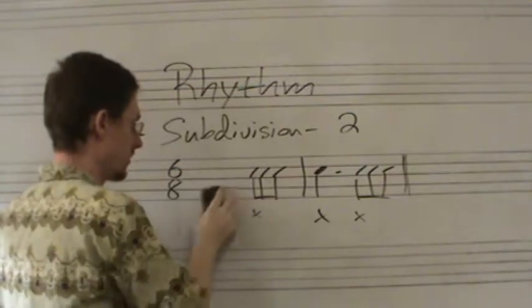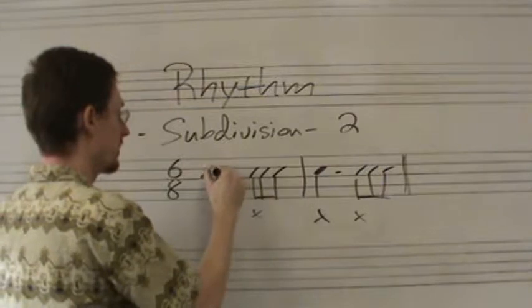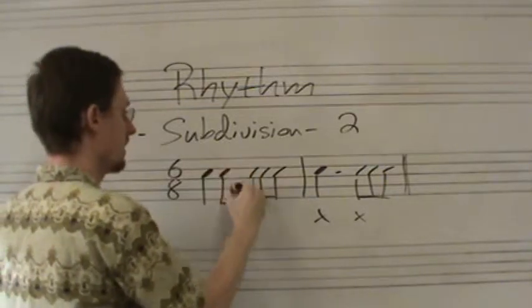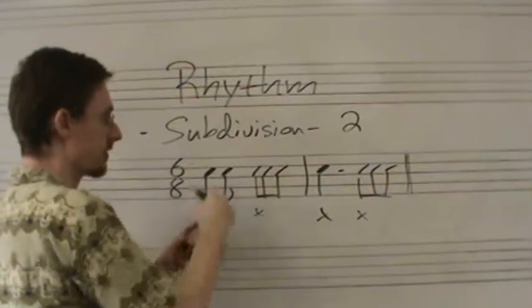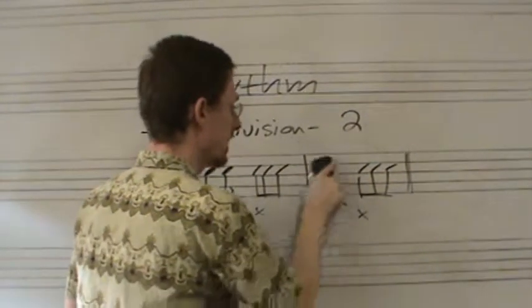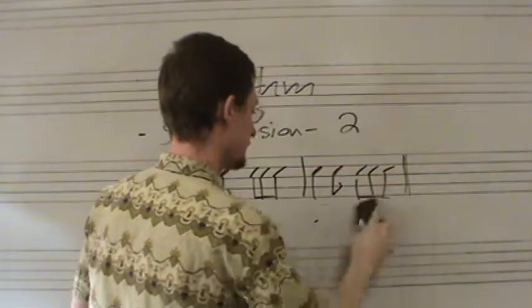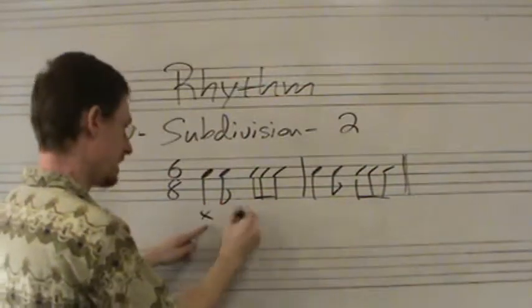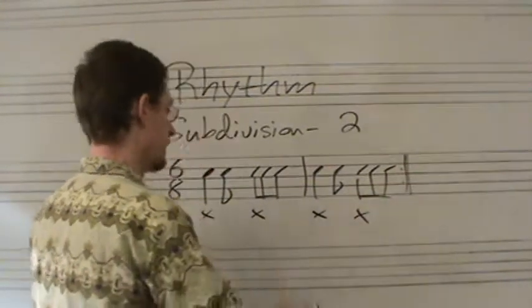So there are different ways that we can do this. Instead of dividing them exactly into the 3, I can go 2 plus 1, quarter note plus an 8th. This comprises the entire first beat. And we'll do the same over here. The X's are on the downbeats, just as before. Let's put a repeat there.